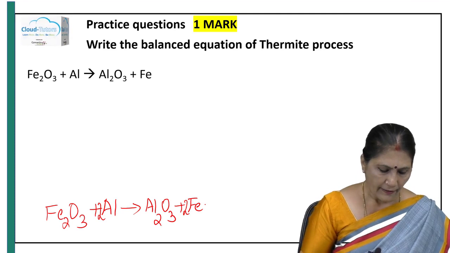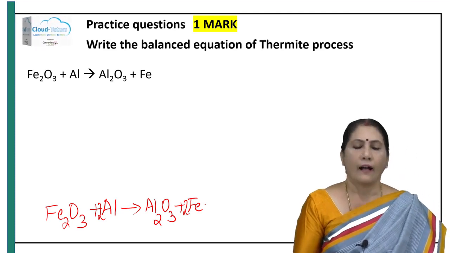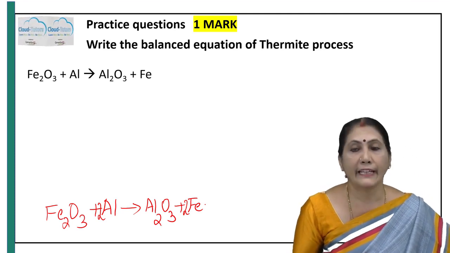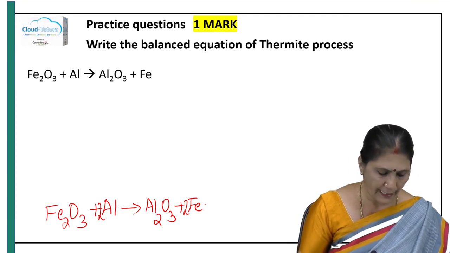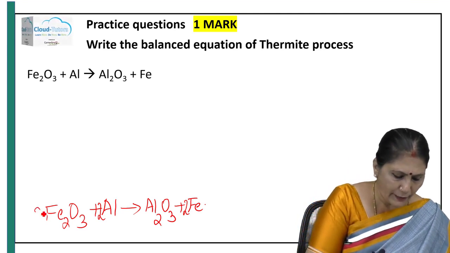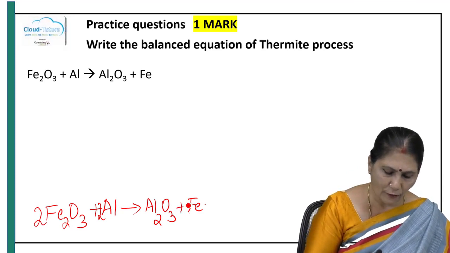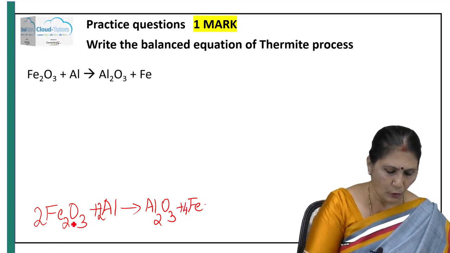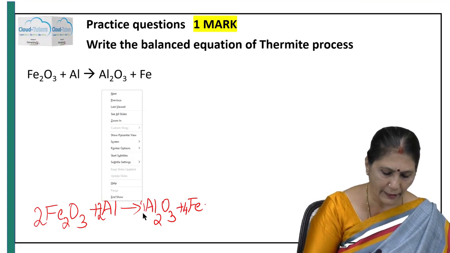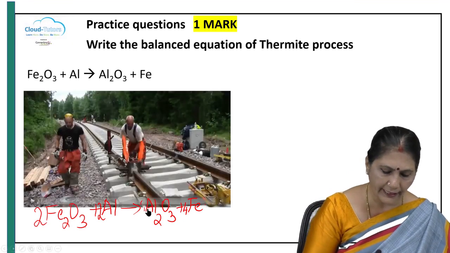Now, what should be done in order to balance the equation? Tell me. If I write here 2, 2 into 2 becomes 4. Then here, can I write 4? 2 into 3 becomes 6. Can I write here 2? I am just adopting the hit and trial method.